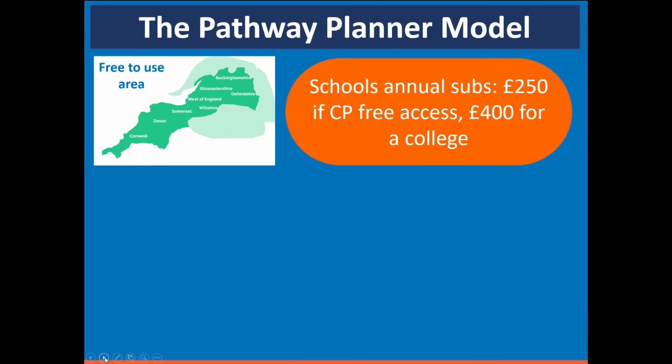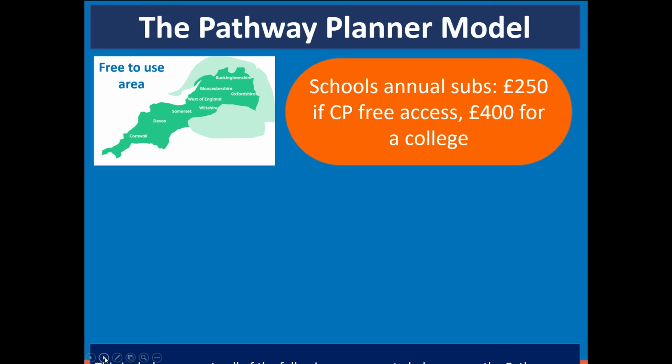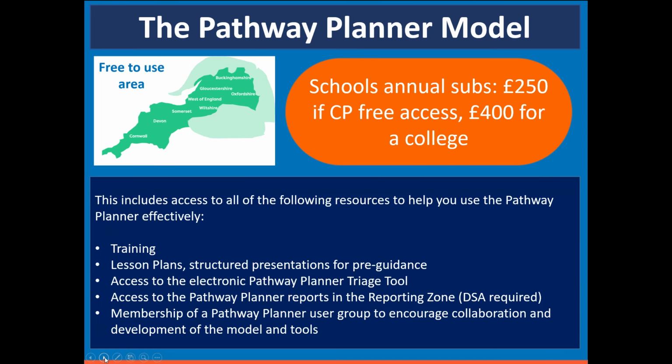So just to explain how you can get access to it, if you're in the green area here, you pay £250 per annum to add Pathway Planner to your 4 zones, or £400 if you're a college. That then gives you access to training. We insist, well, insist sounds a bit strong, there is a compulsory training session that will last 2 hours, but that will help you set up the whole thing for your school.